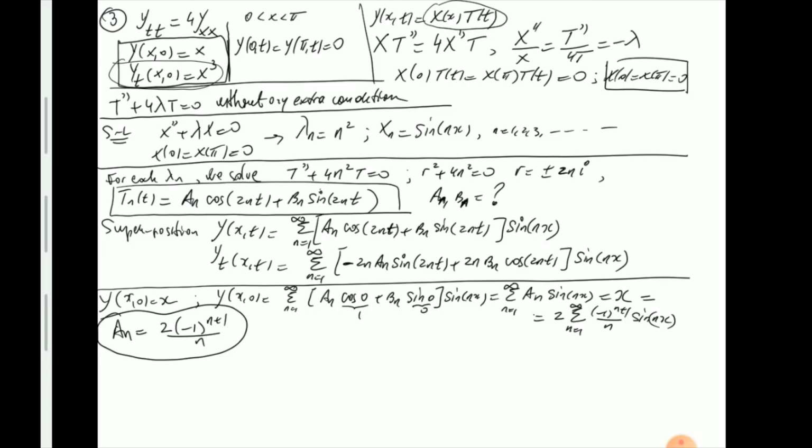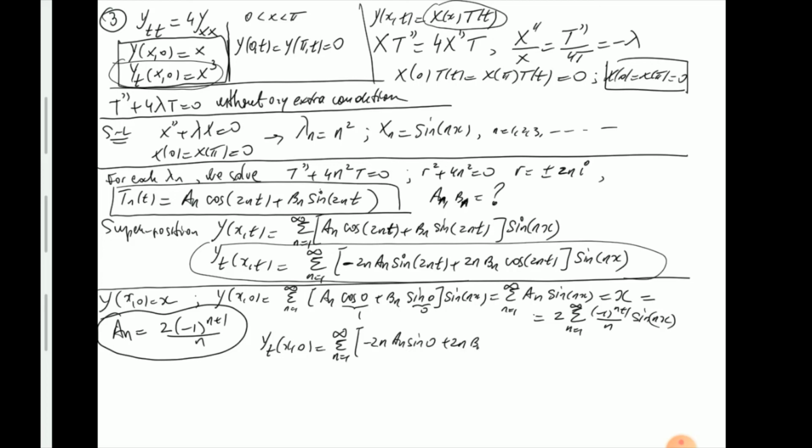And then, you guessed it, the second set of constants, bn, comes from the second initial condition, the initial velocity. So y partial t of x,0, if we plug in 0 for t again into that derivative, pay attention here, we end up with minus 2n an sine of 0 plus 2n bn cosine of 0, times sine of nx. And that should be equal to x cubed.